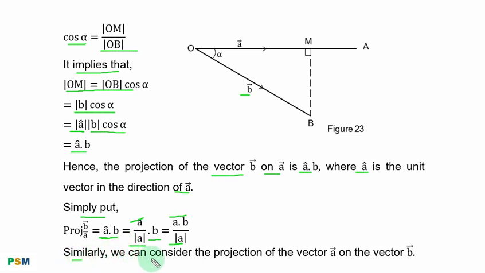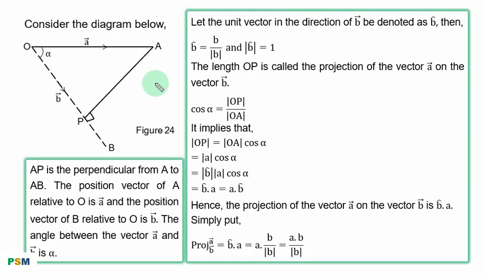Similarly, we can consider the projection of vector A on the vector B. This diagram will help us to examine the projection of vector A on vector B. AP is the perpendicular from A to OB.